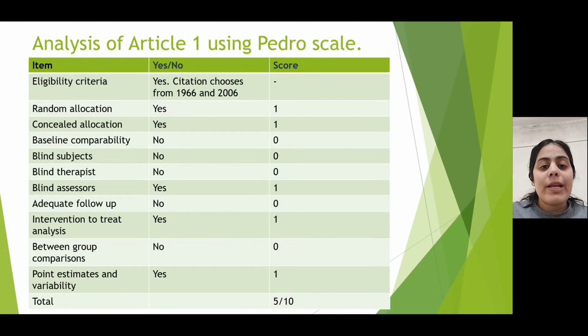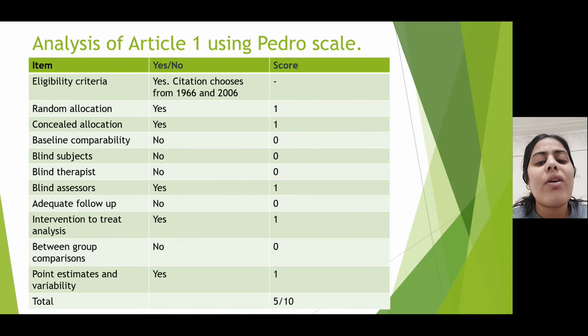Next is the PEDro scale. For article 1, there are 10 main eligibility criteria we are taking for the PEDro scale. The criteria are eligibility criteria, random allocation, concealed allocation, baseline comparability, blind subjects, blind therapists, blind assessors, adequate follow-up, intention to treat analysis, between group comparison, and point estimates and variability.